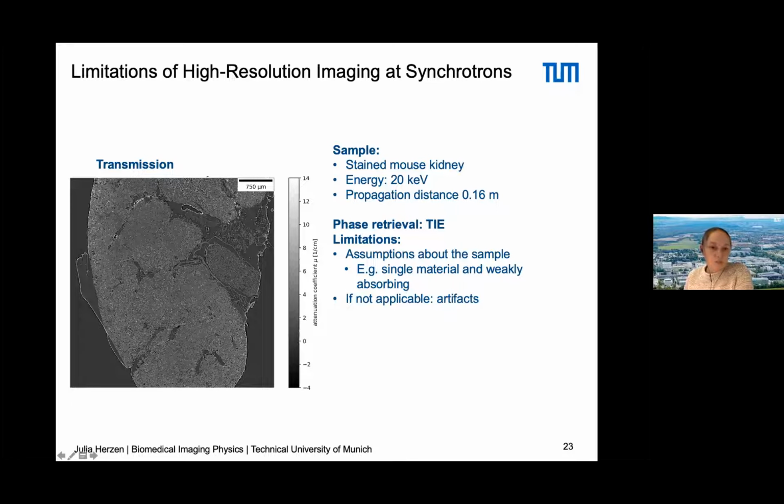But still, what you see is that at all the structures you get an edge enhancement. This is due to the propagation effects, which I mentioned already. You illuminate it with coherent radiation, and all changes in the electron density or in the refractive index give you this high contrast.